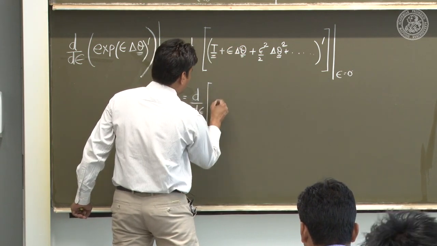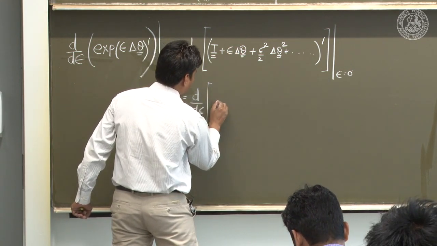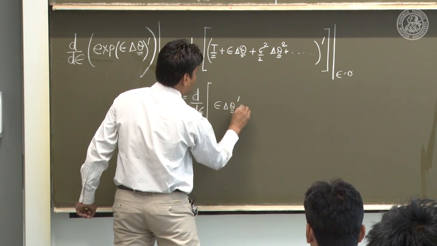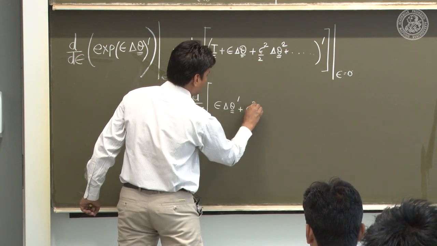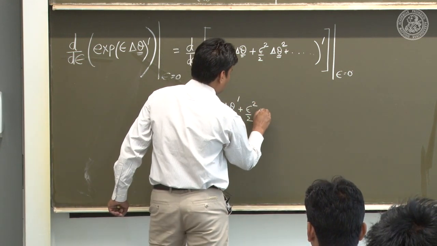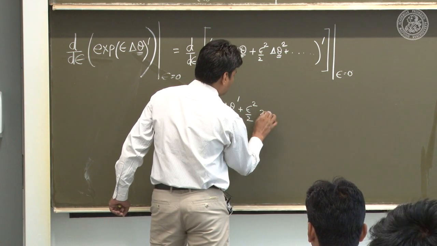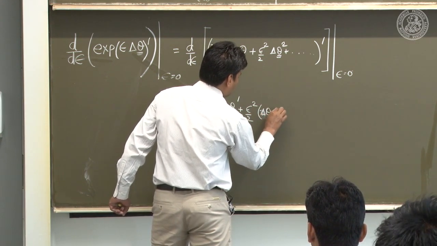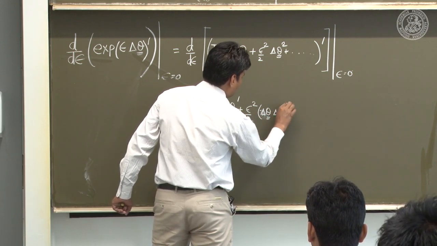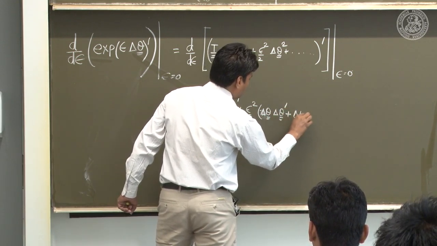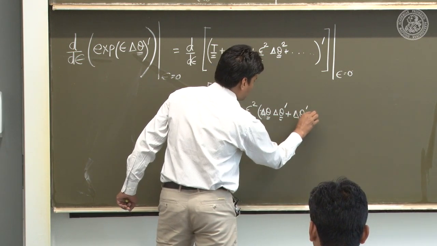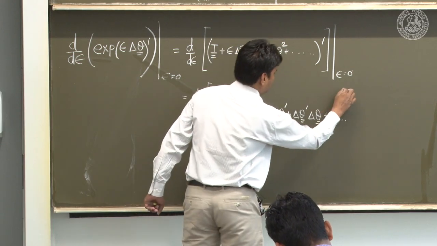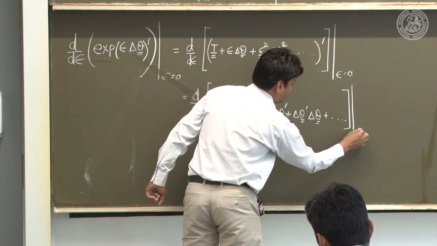The identity goes away and this becomes epsilon delta theta prime plus epsilon square by 2 into, sorry, not 2 times, delta theta prime plus delta theta prime into delta theta, plus those things.